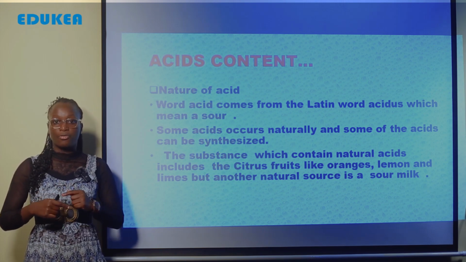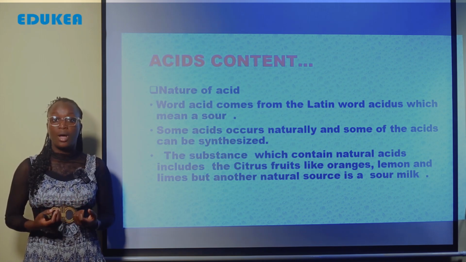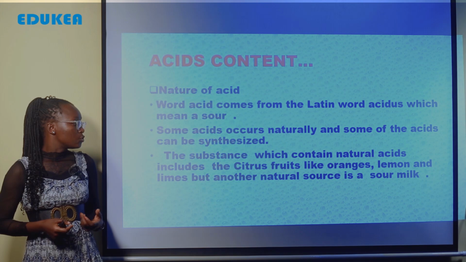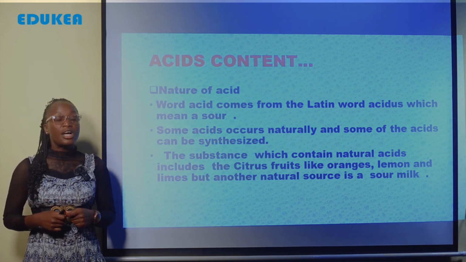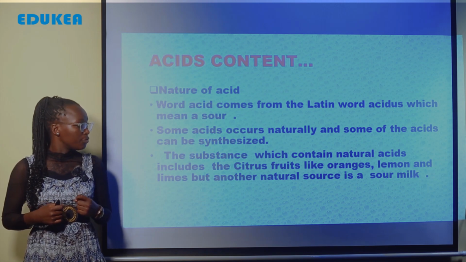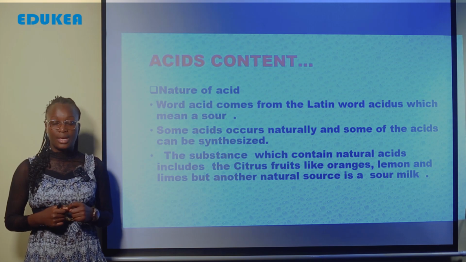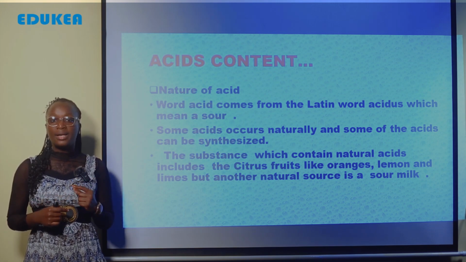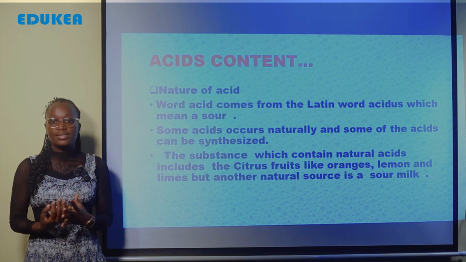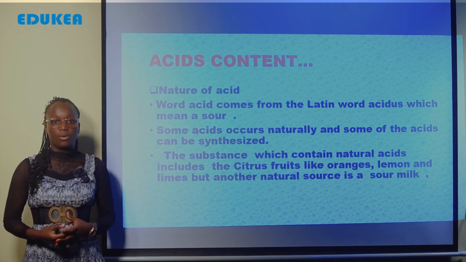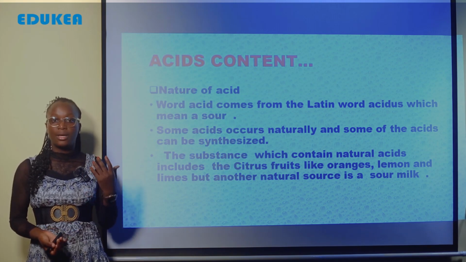Kwa mfano tunaona orange, machungwa, malimao, tunaona lemon, na lime. Lakini pia natural source of sour milk, maziwa mtindi yale, yani maziwa lodaganda. Those are natural sources of acids, kwamba zile acid ambazo zinakuwa ni natural kwenye maziwa, kwenye citrus fruits ambazo tumeona kwamba ni oranges, lemon and lime fruits.